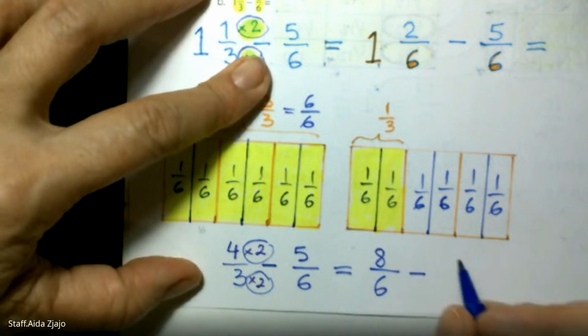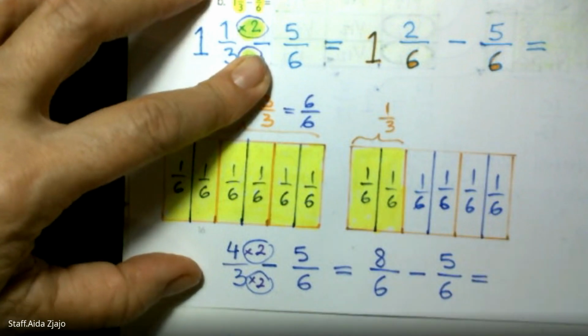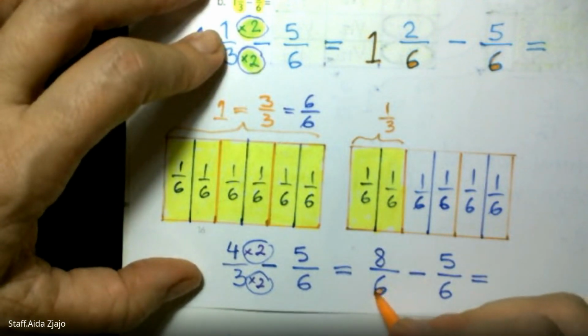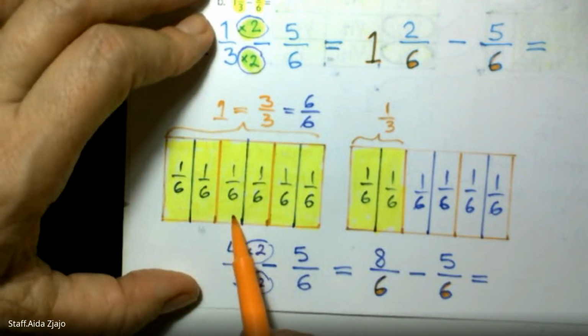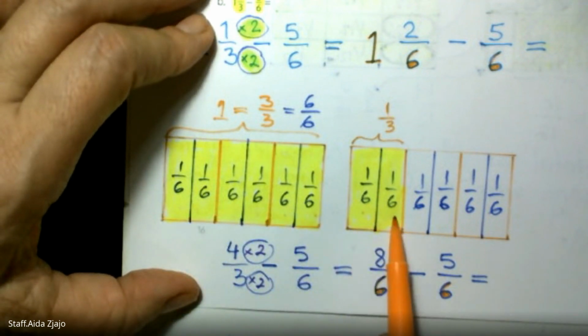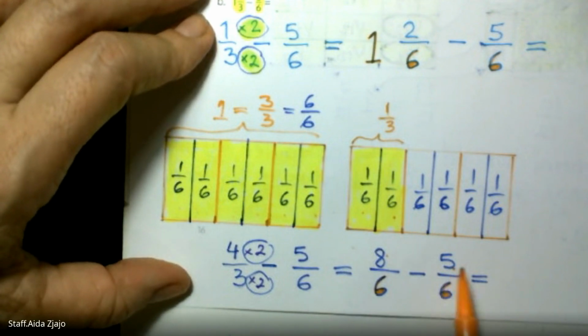Now I can give 5/6 away. When my pieces are the same size, they are sixths. I have now 1, 2, 3, 4, 5, 6, 7, 8 pieces. 8 pieces. I can give away 5 pieces of sixths.